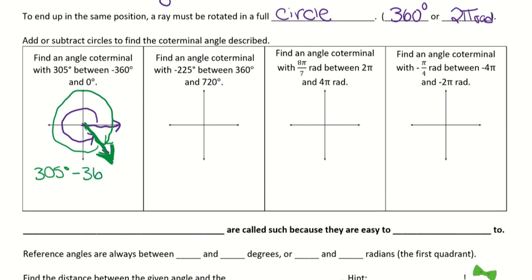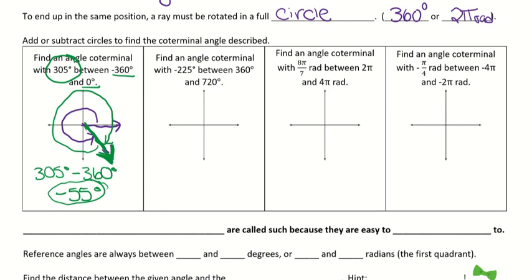We subtracted a circle. 305 minus 360 is negative 55 degrees. Does that fit between negative 360 and 0? Yep, you bet negative 55 is in the middle of those. So we started with 305, and then we subtracted a circle to get to negative 55.